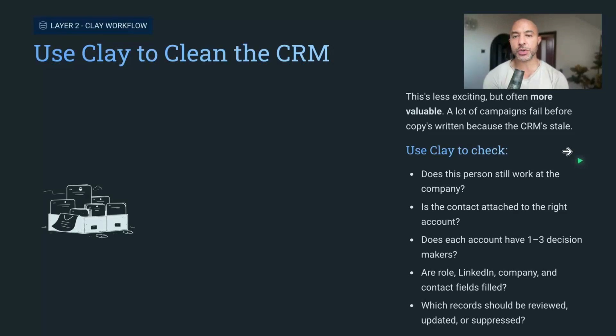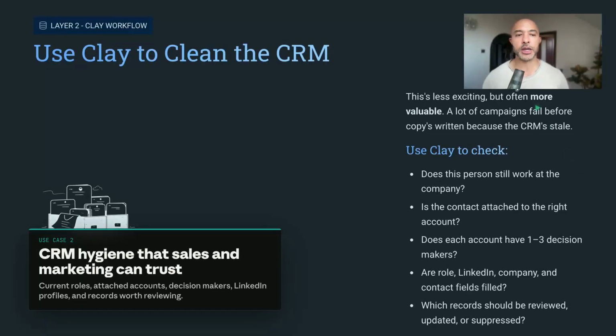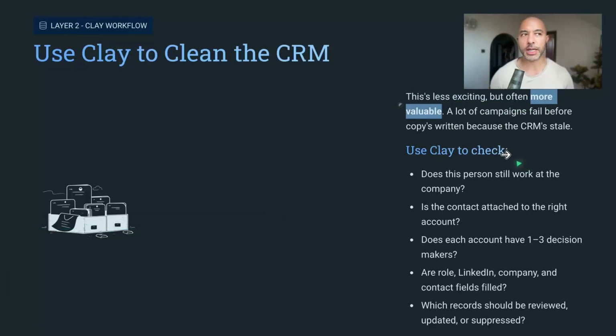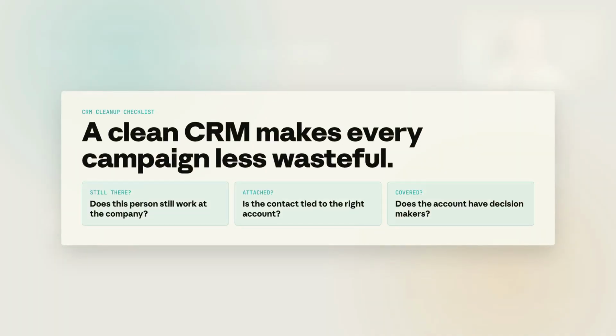The other use case, the major one, is the CRM enrichment. So it's a little bit less exciting, probably, but very, very valuable. I think companies underestimate the value of having a very up to date, clean CRM when it comes to launching campaigns and things like that. You can figure out, does this person still work at the company? Is the contact attached to the right account?